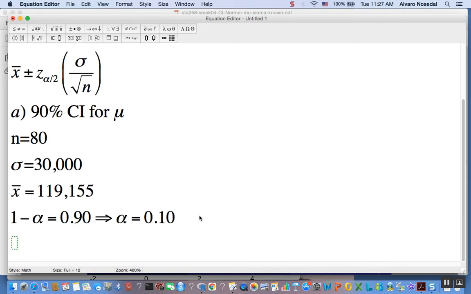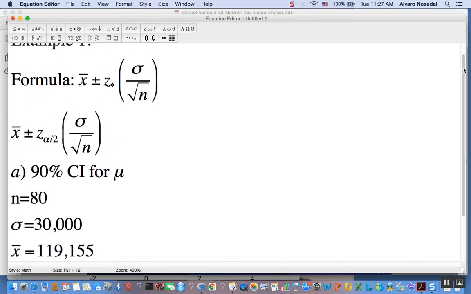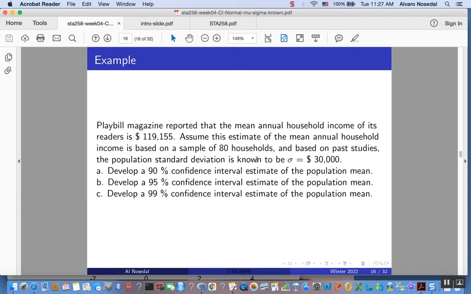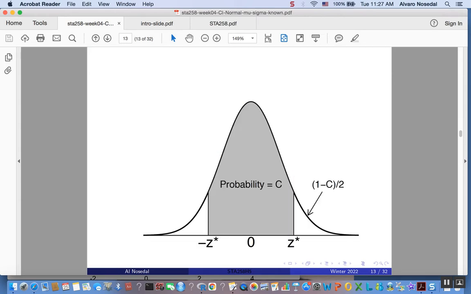Because we know that c star is a number such that between negative c star and c star we have the desired confidence level.